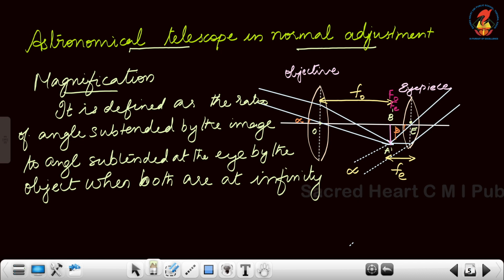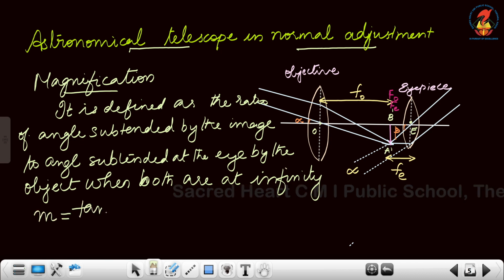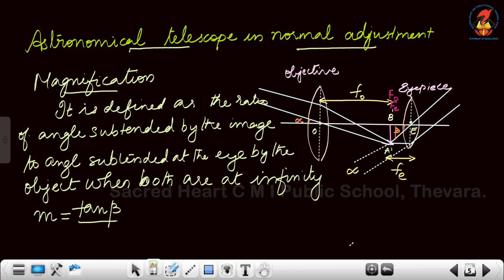That is, magnification M is equal to tan beta divided by tan alpha.